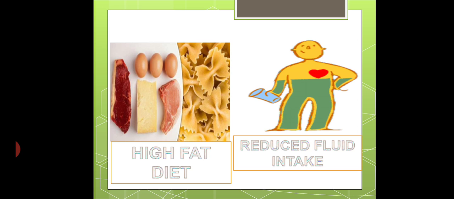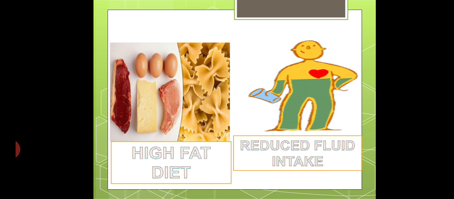Then high fat diet. See, the people who are eating more fatty diets, like chicken, mutton, peanuts, or food containing high fat, they are having problems in bowel elimination. They cannot pass the food easily.